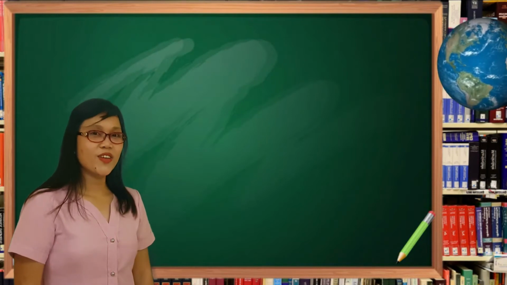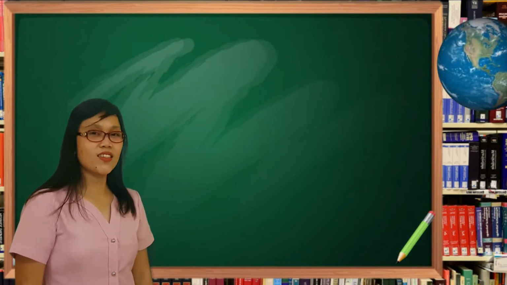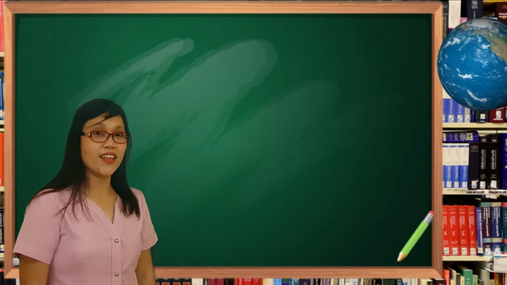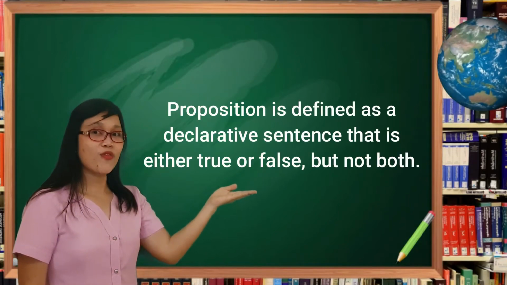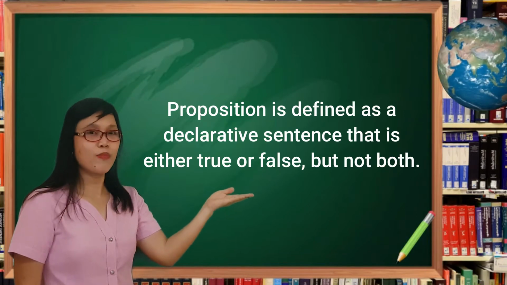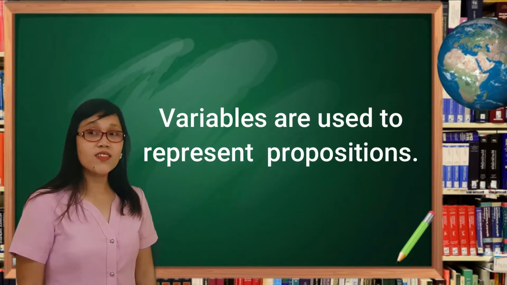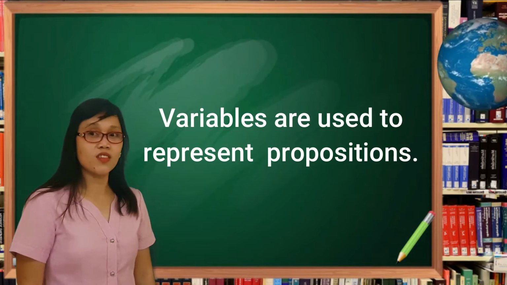Before we start, remember that in mathematics, a proposition is defined as a declarative sentence that is either true or false, but not both. Variables are used to represent propositions.